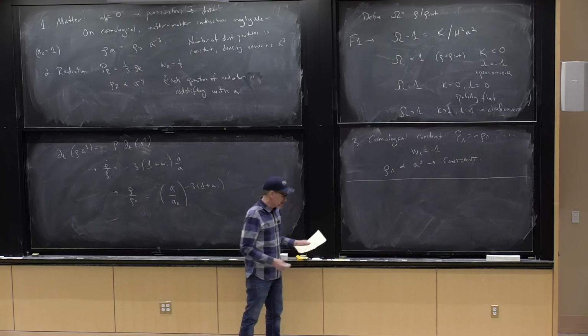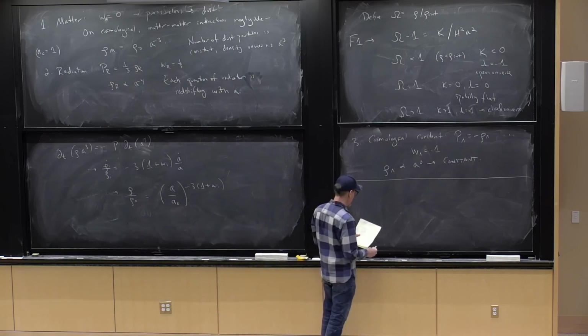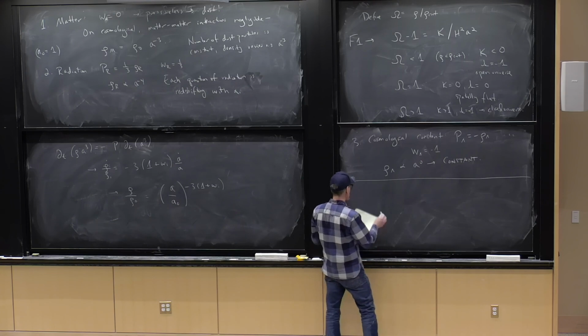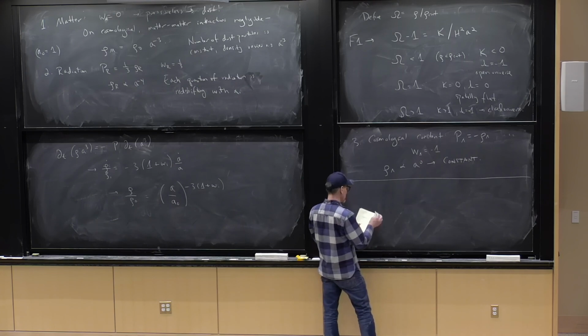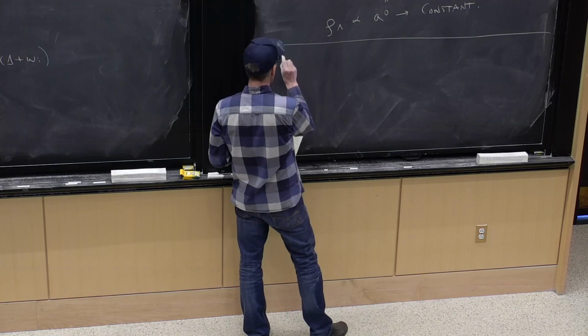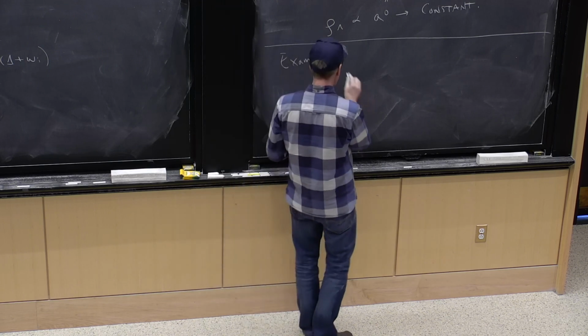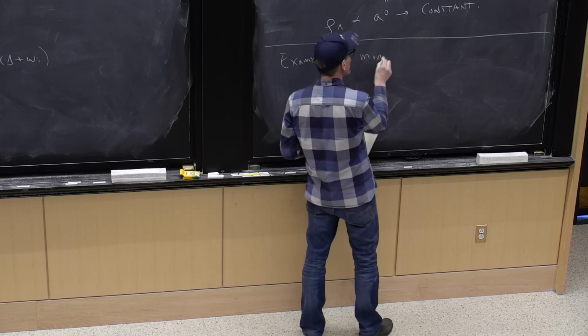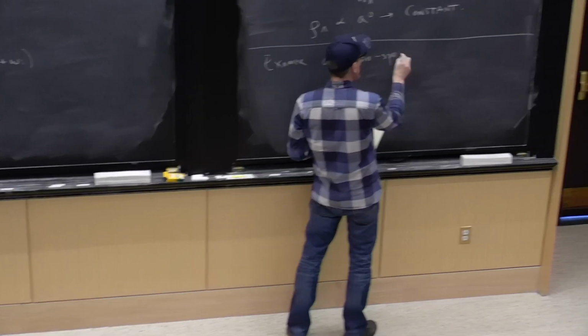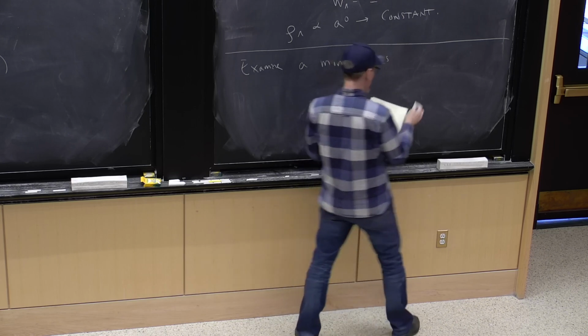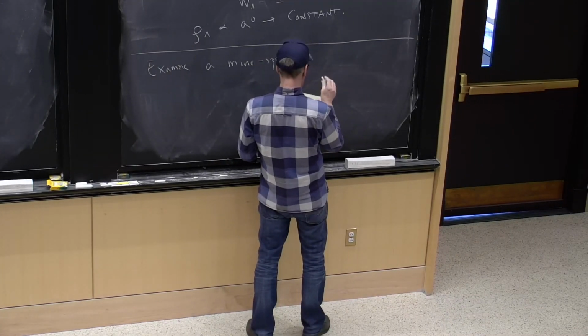To give you some intuition as to what you end up seeing when you look at these kinds of solutions, let me look at the simplest kinds of universes that we can solve this way. So let's examine what I will call a monospecies universe. In other words, a universe that only contains one of these forms of matter, one of these sources of stress energy that I've described here.